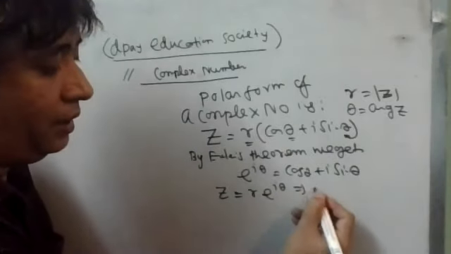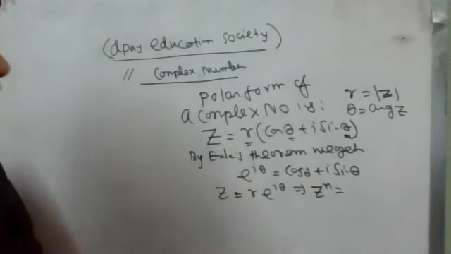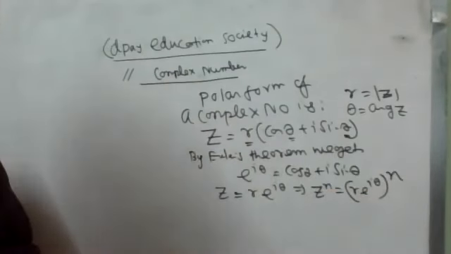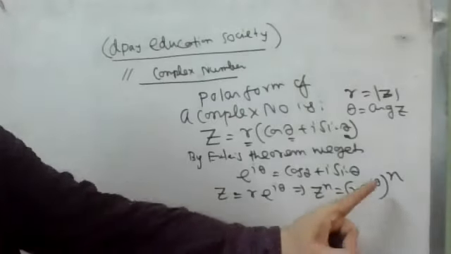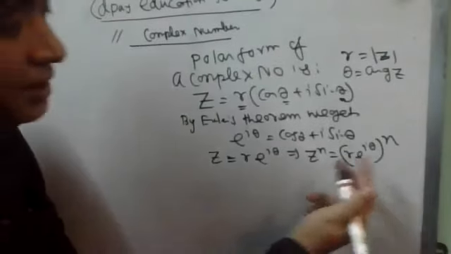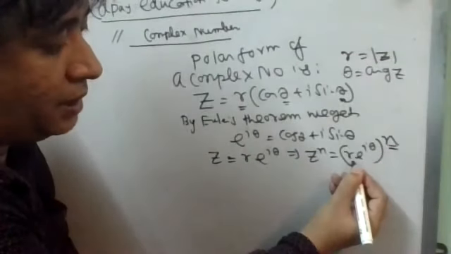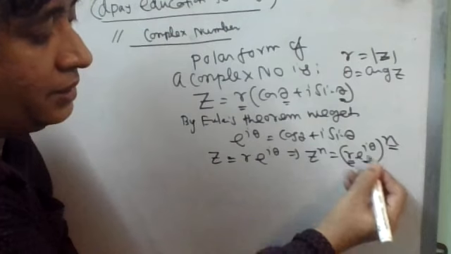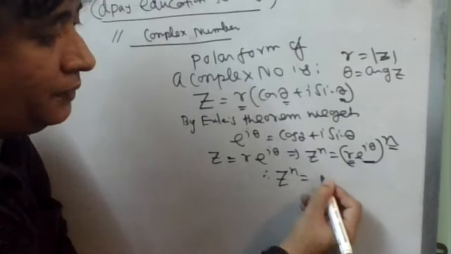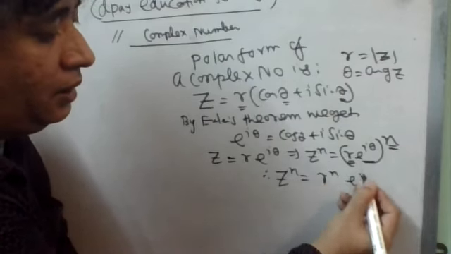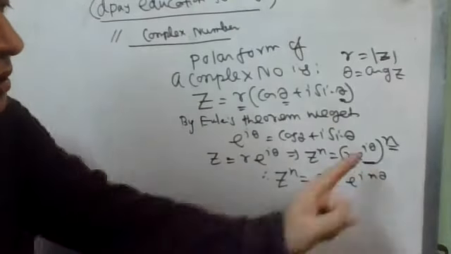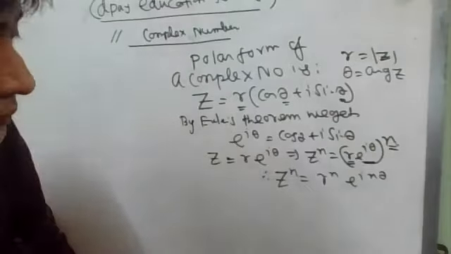Now you take nth power to both sides. If you take nth power on both sides, what happens on the right hand side? This power n is the power of r as well as e to the power i theta. So z to the power n will become r to the power n e to the power i n theta. Why? By the laws of exponents, powers will be multiplied.